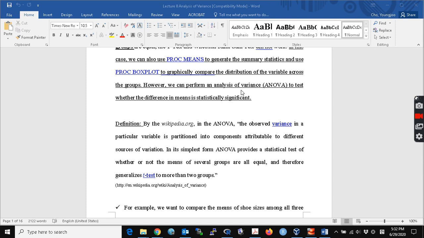So here we use the analysis of variance. The reason I use analysis of variance is that this variance explains the variation due to different sources. We have a variable, and it is partitioned into parts attributable to different sources of variation.